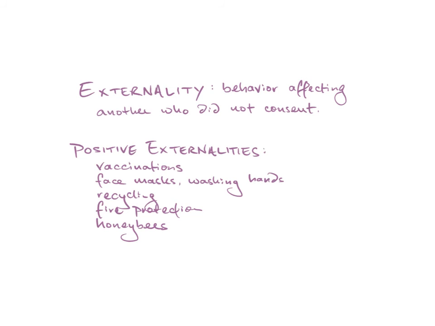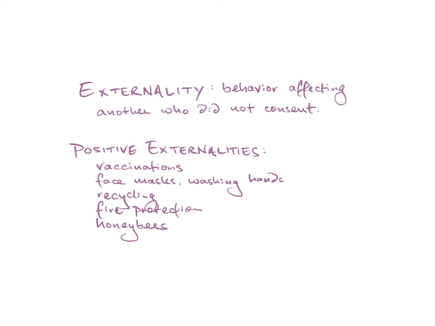Economists like to talk about honeybees as an example of an externality because beekeepers keep bees in order to produce honey. That's what they do. But in the process of producing honey, bees provide a service. What is it that bees do in addition to just making honey? They are important in the ecosystem to pollinate, right?